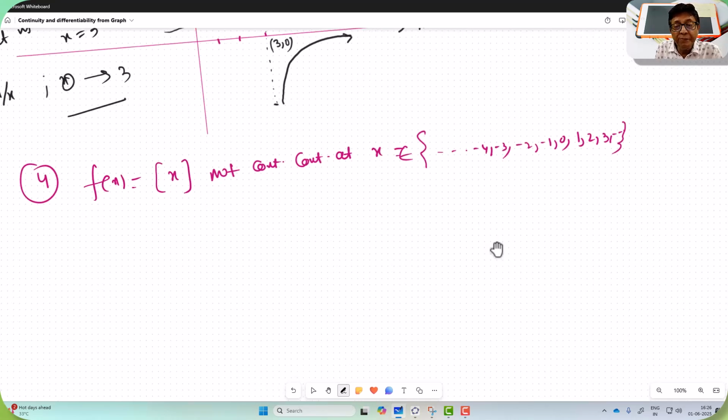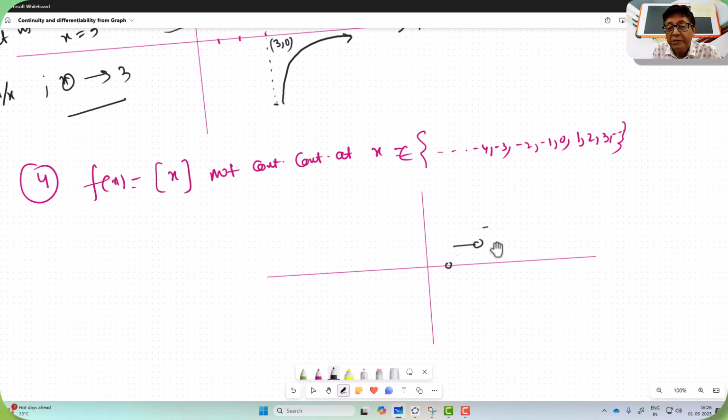You might have seen before, the graph of the function will be like this. These are the points where there is a break, the function will be discontinuous. This is 1, 2, 3, and this is -1, -2, -3, like this. The function is not continuous at the integral points.